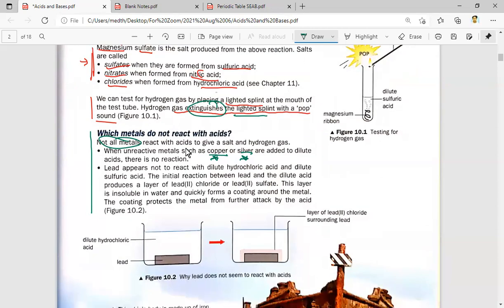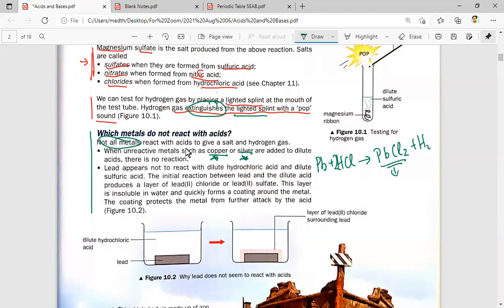Okay, now lead is a bit more complex. Typically in your syllabus for NA, they don't really test you that much on lead because it's a bit more difficult. But in case you go up to Sec 5, you may need to learn this. So lead appears not to react with hydrochloric acid and sulfuric acid. Why? When you let lead react with hydrochloric acid, you actually get PbCl2 plus H2.